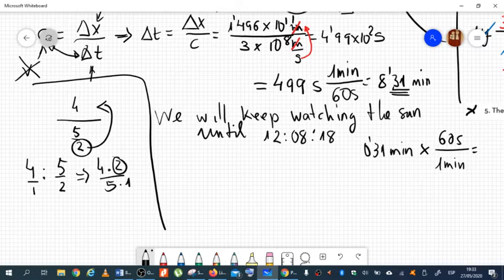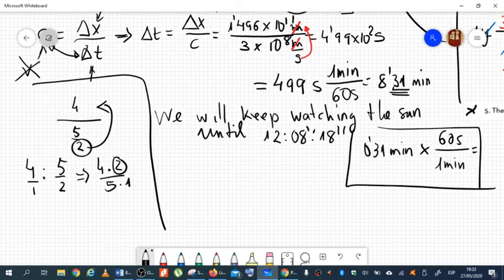Perdón, segundos, ¿vale? Entonces estaríamos viendo el Sol hasta las 12 y 8 minutos y 18 y un poquito más de segundos, ¿vale? Hasta después, aunque el Sol desapareciera. Tendríamos 8 minutos más de vida, ¿entendéis? Porque tarda la luz en llegar, ¿no?